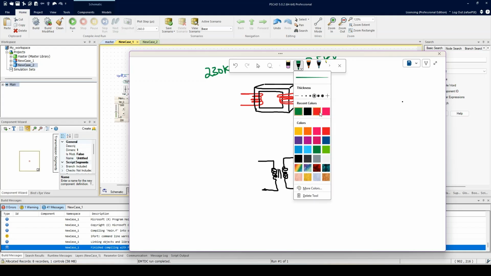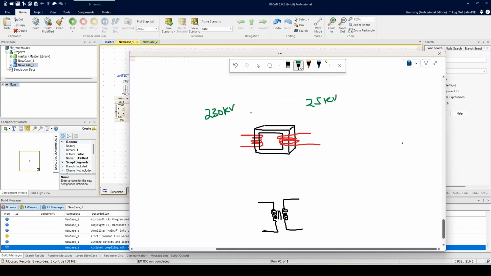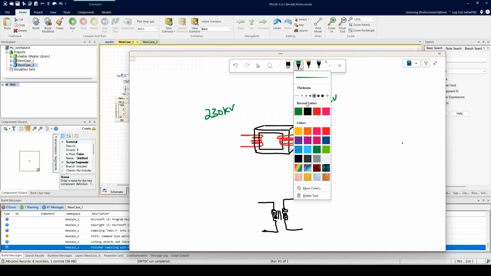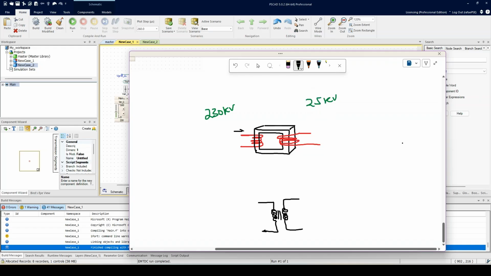Now, in reality, when the current flows through this red winding, we all understand that anytime a current flows through any physical matter, whether it be a copper cable or anything, there has to be some resistive loss associated with it.